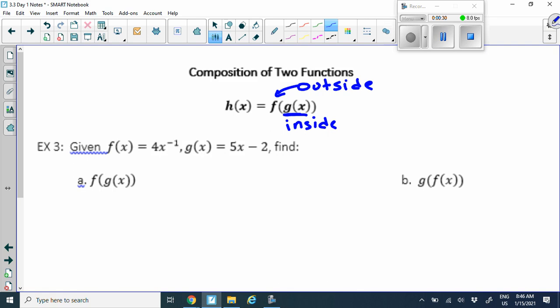So let's do example 3, where we are going to do our compositions. So the idea is that the inside function, we're going to plug that into our outside function.